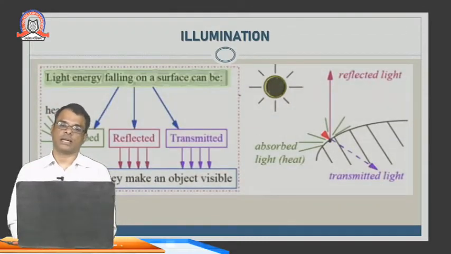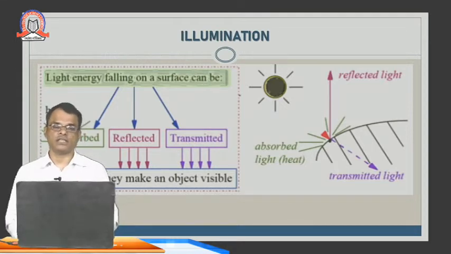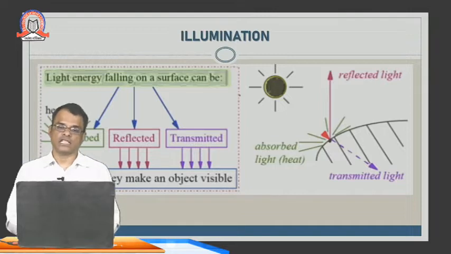So these are some diagrams. Sometimes some of the light gets absorbed. When light falls on the surface, some of the light gets absorbed, some light gets reflected, and some light gets transmitted. So this is how things work.